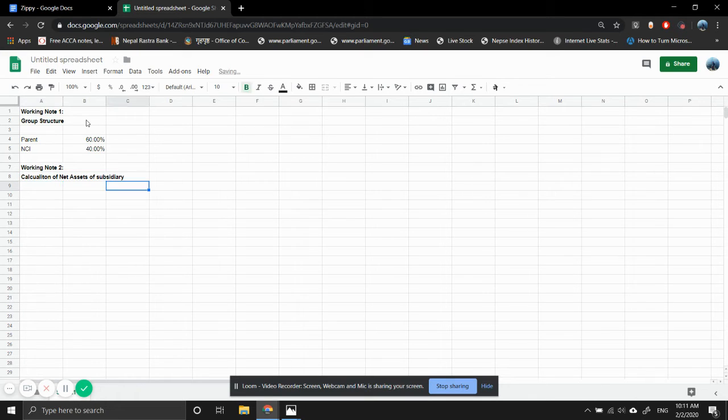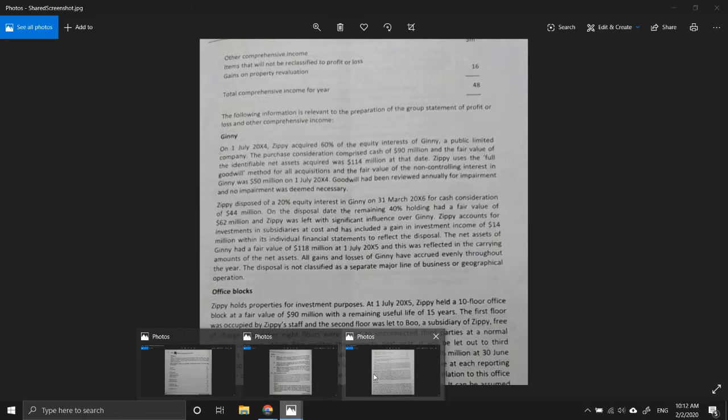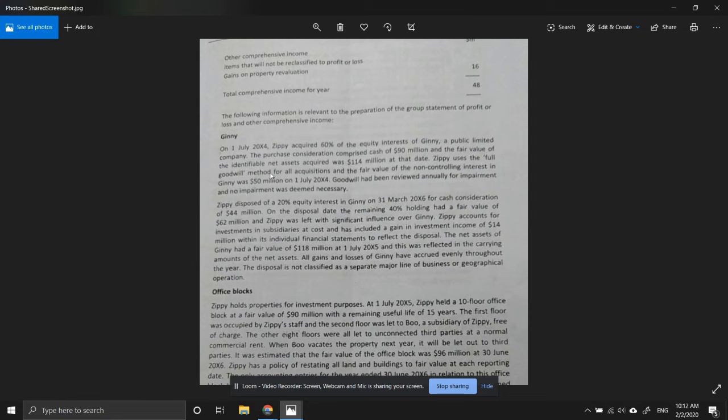Here is an interesting thing that we need to remember. We only prepare it till the date of disposal, okay? So what was the net assets? At acquisition, the question clearly says the net assets had a fair value of 114, right?